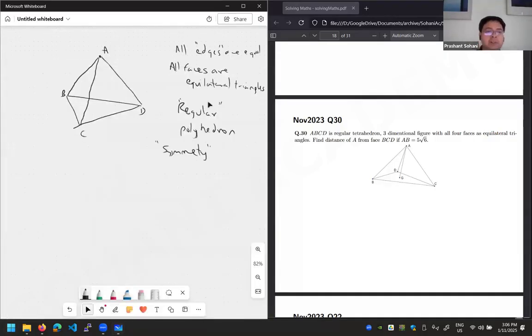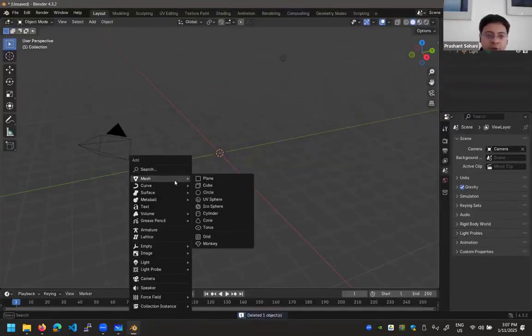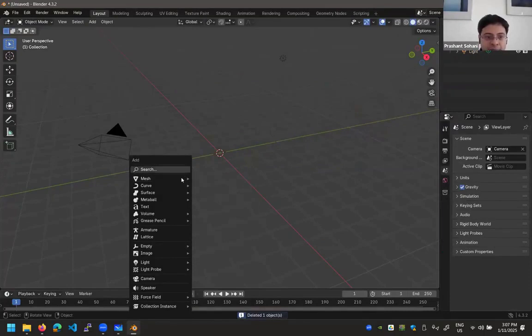Like basically, if I show you what a polyhedron looks like, then you realize that while a cube is also called a regular polyhedron.